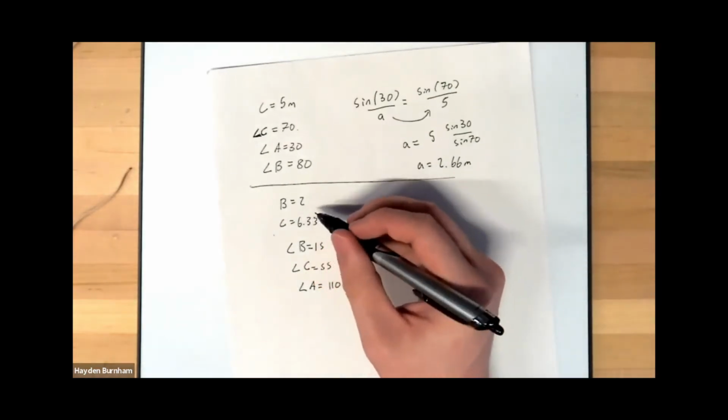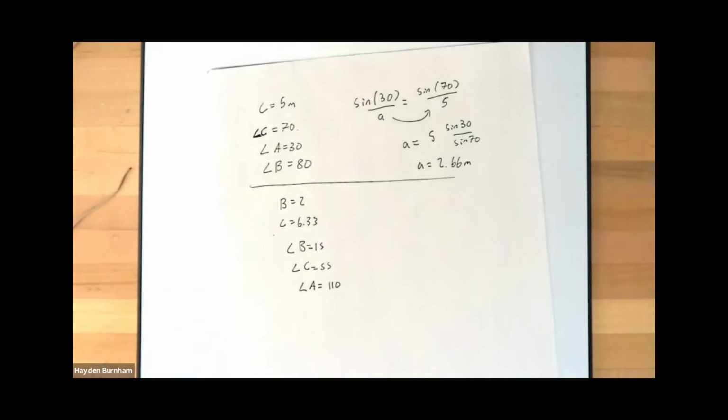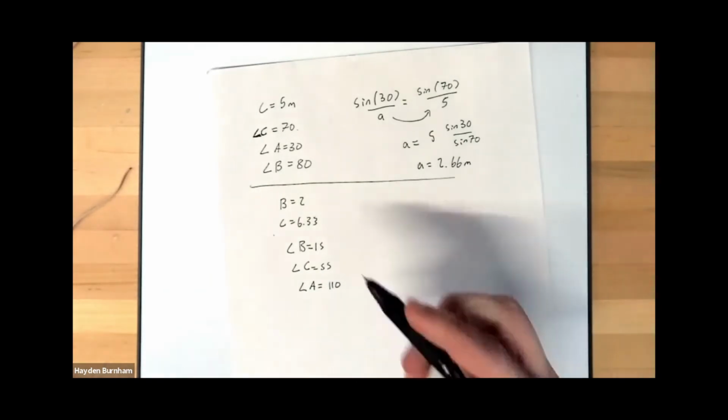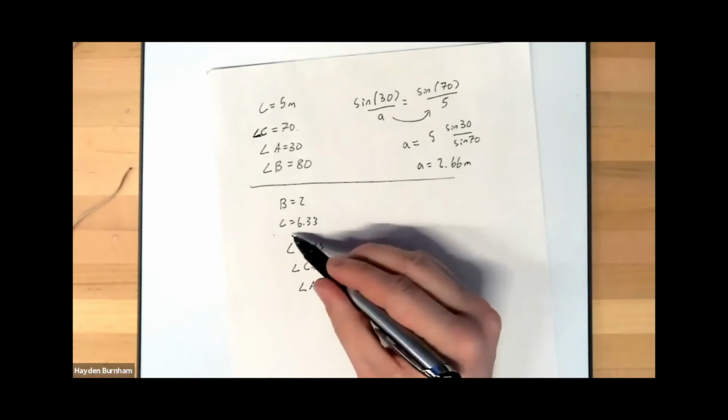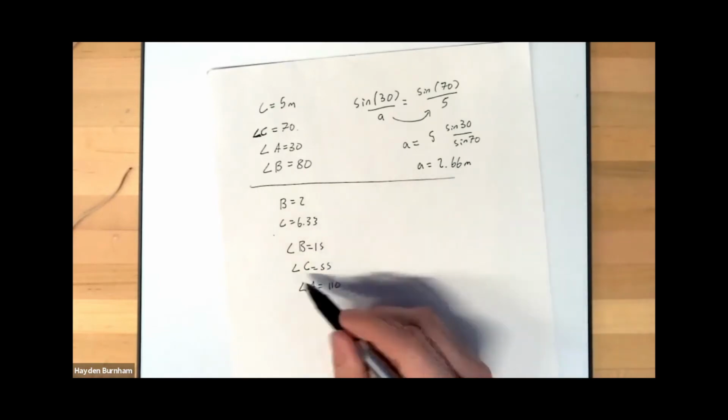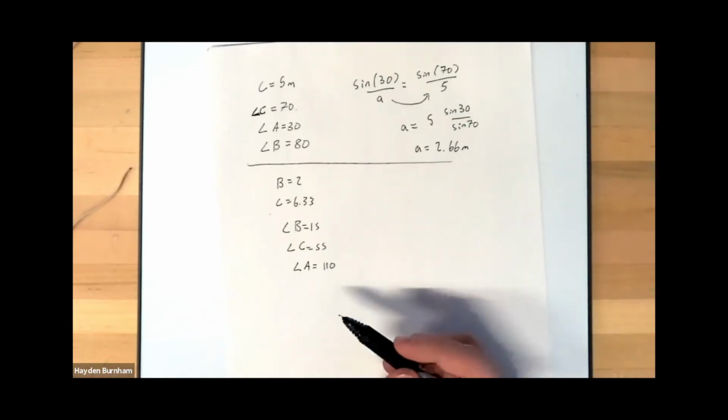So I have B equals 2 and C equals 6.33, and then I have all the angles listed here.